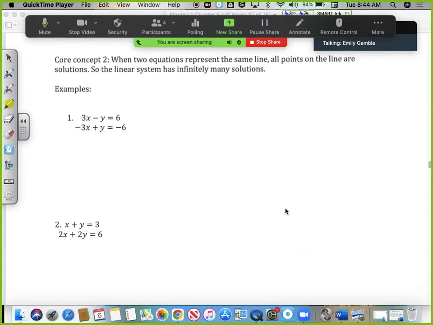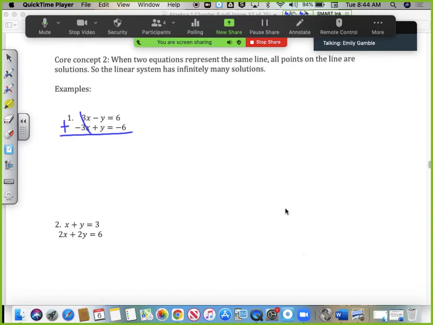So for number 1, if I wanted to figure out the solution to this system of equations, I would first choose to either use elimination or substitution. Looking the way that this is set up, elimination looks like the better way to go because they're already in the same format and I can already see things cancel if I add the 2 equations together. 3x plus negative 3x cancels out.